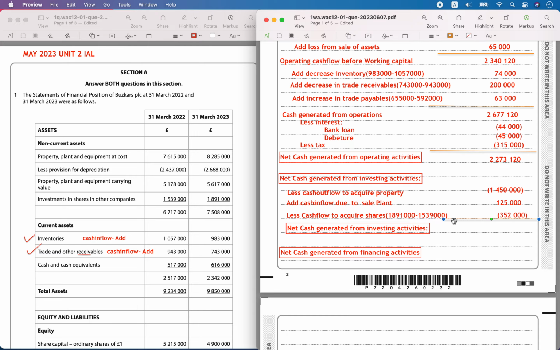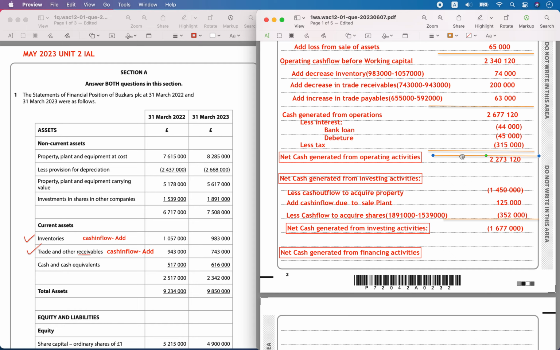So minus of 1,450,000 plus 125,000 minus 352,000, that is going to be equal to negative 1677,000. This was the cash from the investing activity.